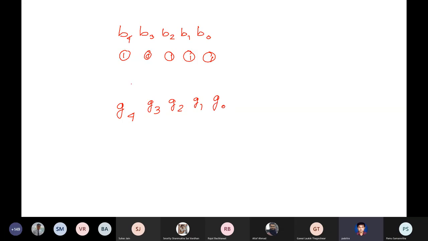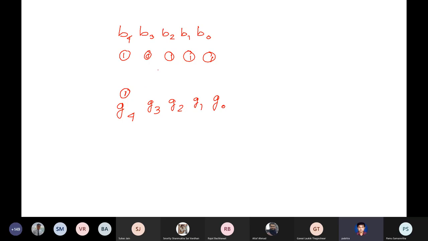So what I do, the leftmost binary bit, that is the most significant binary bit, I copy. Okay. So this is my first gray code bit as well.